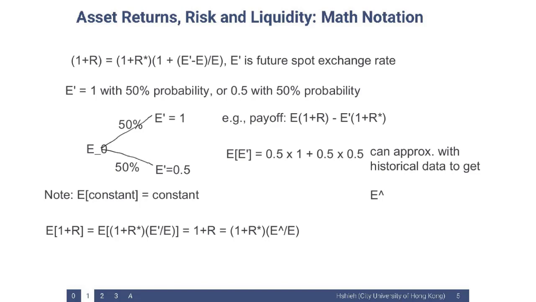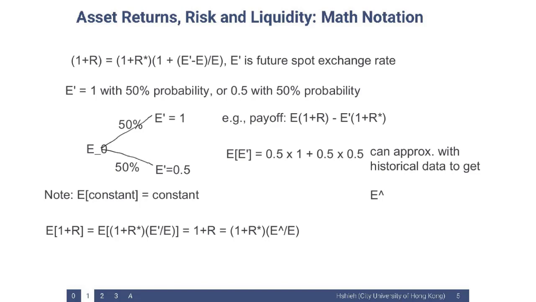So the equation I want to start thinking about now is the following. So suppose we don't hedge. If we don't hedge with a forward contract, when you look at the CIP no arbitrage steps, suppose we don't engage in that forward contract.